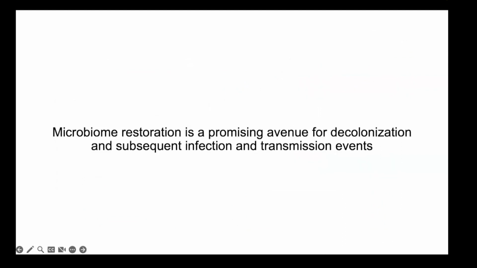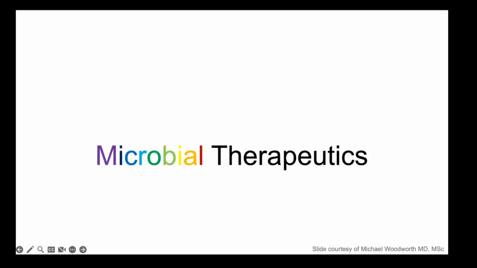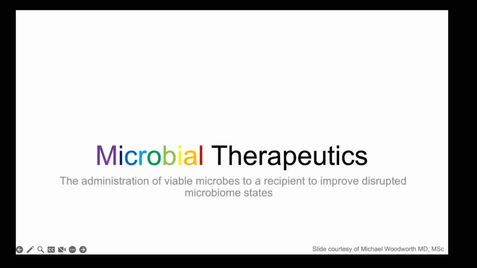So microbiome restoration is a promising avenue for decolonization, and this decolonization can then lead to, hopefully, decreased subsequent infection and transmission events. This brings us on to microbial therapeutics, which is the administration of viable microbes to a recipient to improve a disrupted microbiome state.